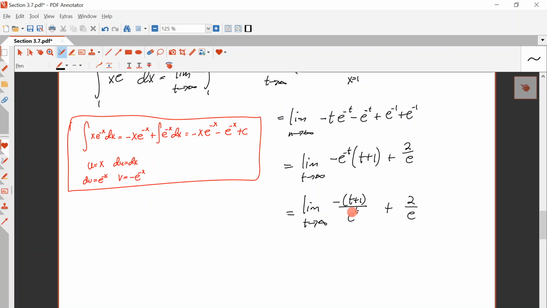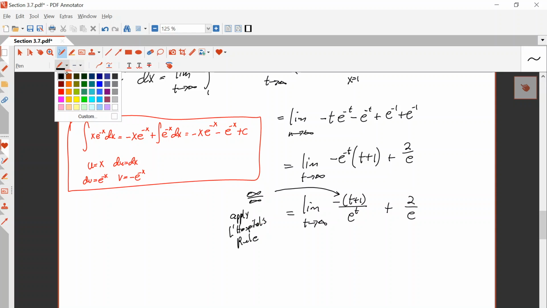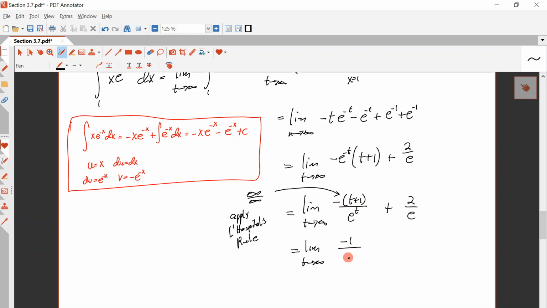Alright, this limit is of the infinity over infinity variety, an indeterminate form. So this is infinity over infinity, so we can use L'Hospital's rule. Right, and it becomes the limit as t goes to infinity of the derivative of the top, which is minus 1, over the derivative of the bottom, which is e to the t.